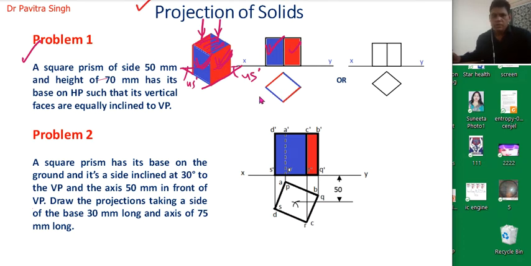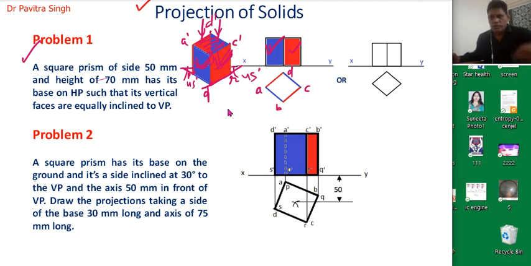Suppose this is point A dash, this is B dash, this is point C dash and this is point D dash. So you can see this will be A, B, C and D. Similarly this is the base surface. So suppose this is point P, this is point Q, this is point R and S will be on the back side.